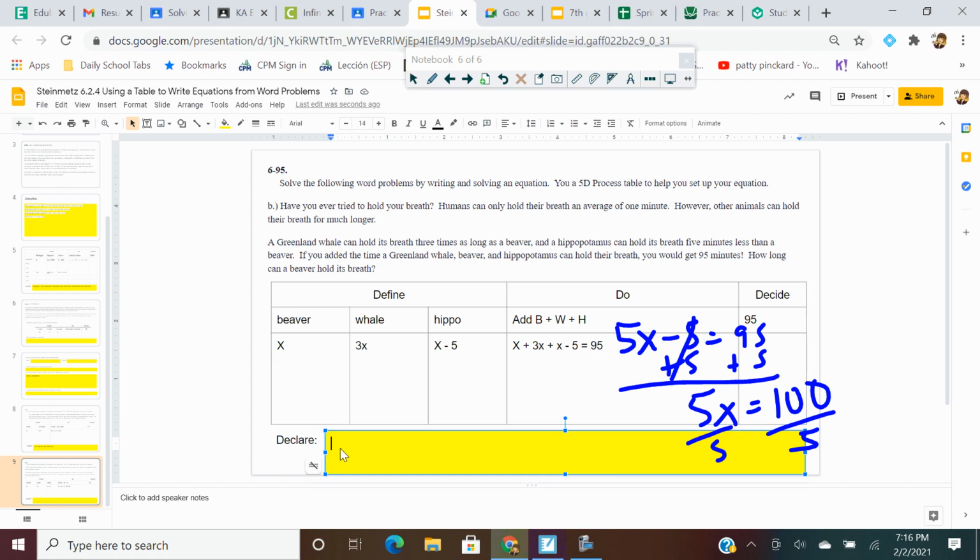And then the question doesn't ask for all of the animals, it just asks for the beaver. So how long can a beaver hold its breath? So a beaver can hold its breath for 20 minutes. I realized I never finished that because x equals 20.